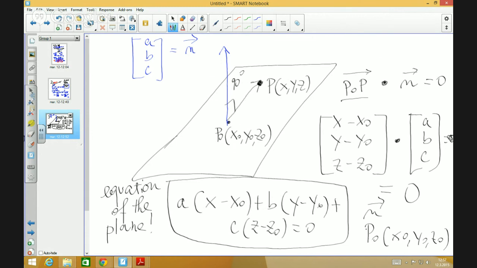So the motto, which is the counterpart of Archimedes' lever motto for planes, is: give me a normal vector, give me a point, I'll give you the equation of the plane on which that point lies, and that has that normal vector sticking out of it everywhere. And that's the equation. It's not even complicated, is it?